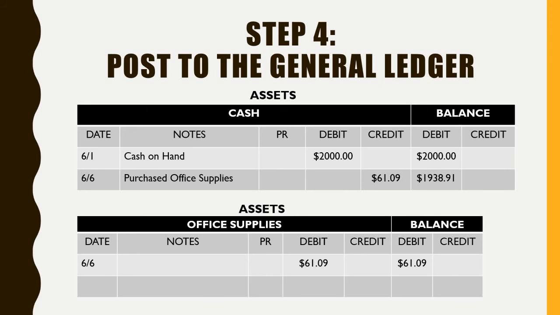So here in my cash ledger, it says that I started off with $2,000. I spent my $61, so now my running balance is $19.38.